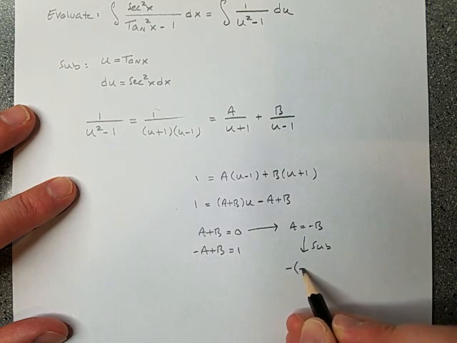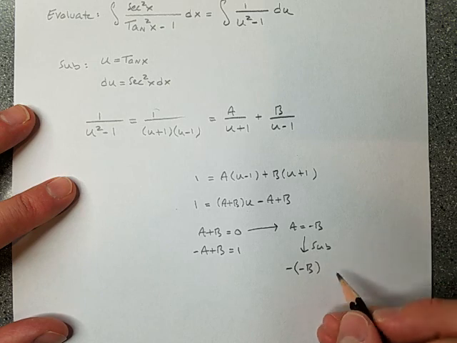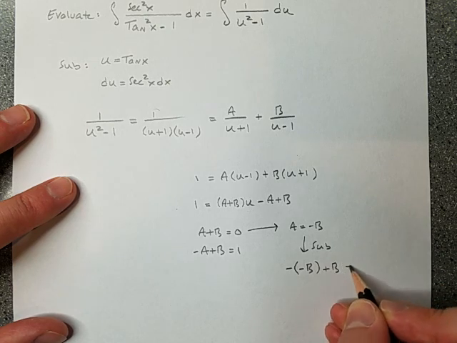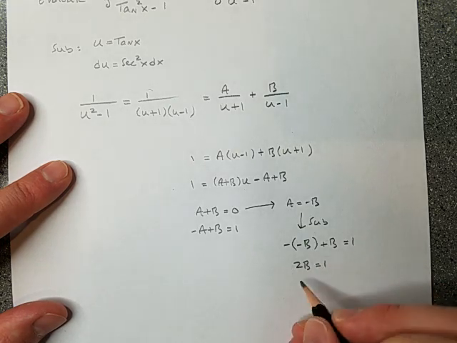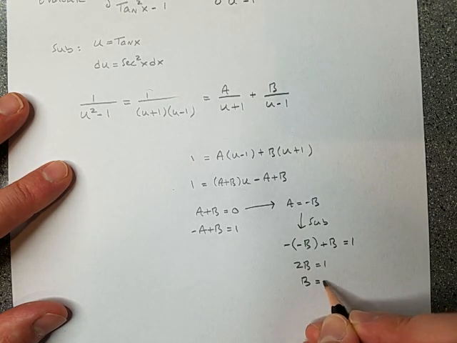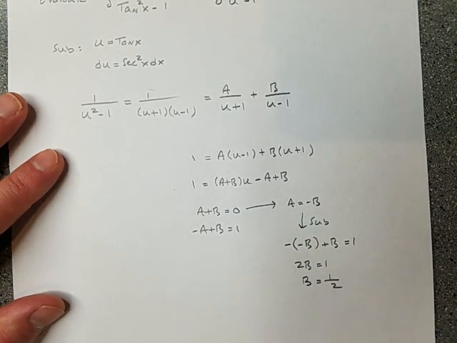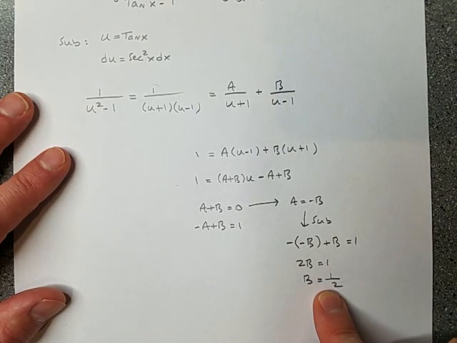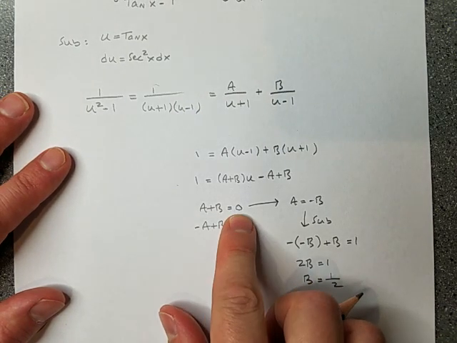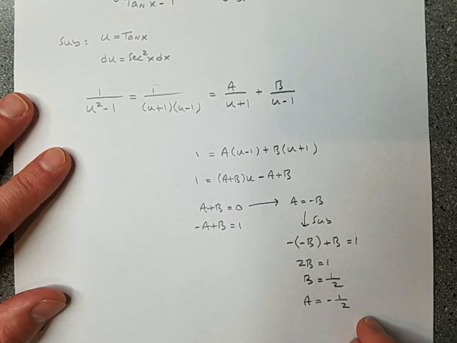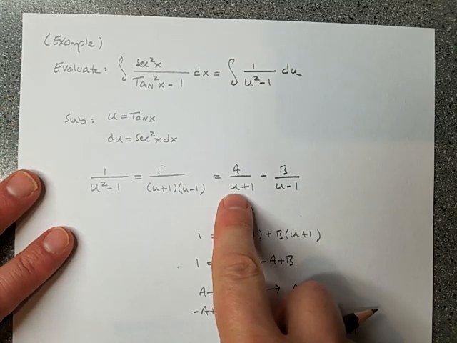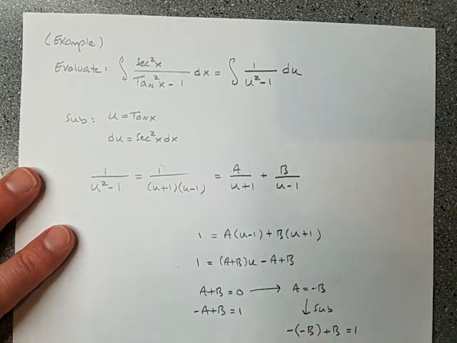It would say negative b plus b is equal to 1. It would say 2 times b is equal to 1, or b is equal to a half. So b is a half. If a and b add to 0, that means a has to be negative half. So I've got the breakdown. A is negative half, b is half.